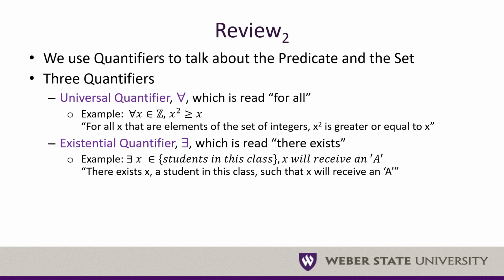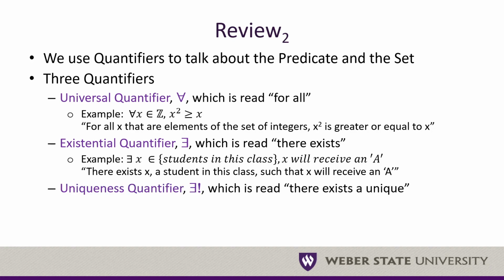Well, ultimately, it will be true or false. So, we don't know yet, I guess would be the thing. So we're predicting the future. I strongly predict that there will be at least one. So there exists a student in the class that will receive an A.